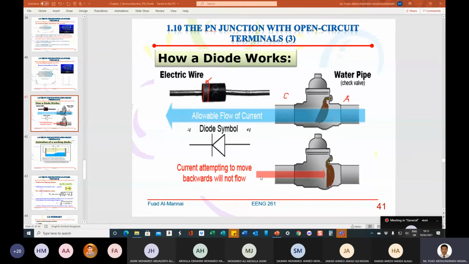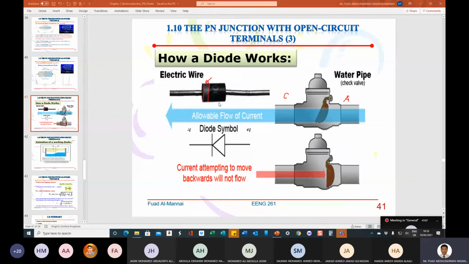So this is the reverse bias, this is the forward bias, and this is the symbol here. Sorry, this is the anode, and this is the cathode. Anode, cathode.